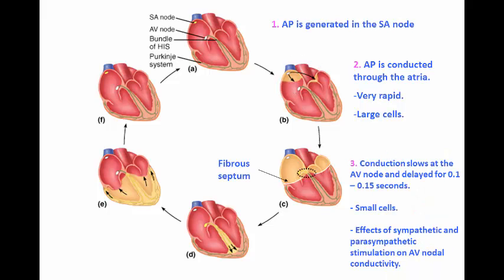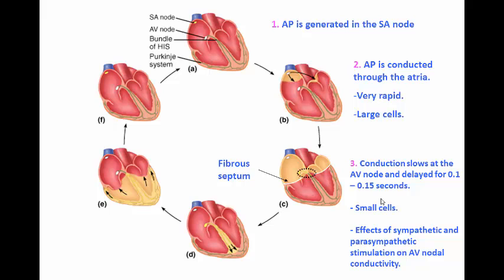Then the impulse reaches the AV node, where we have a delay in the conduction of the impulse for about 0.1 to 0.15 of a second. And this delay is possible because the AV nodal cells are small cells and they have few gap junctions in the intercalated discs.